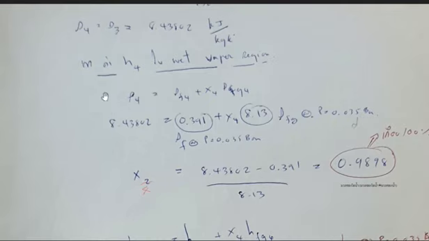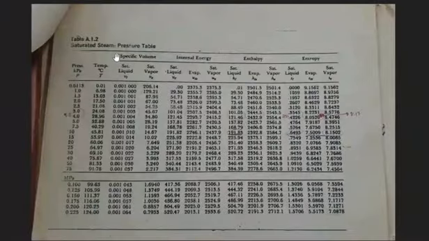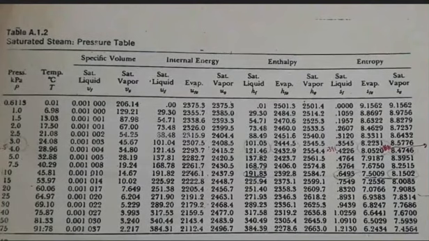We have another table to determine those numbers. We call it saturated steam pressure table. You can see that the pressure 0.035 is equal to 3.5 kilopascal. So at this pressure, we can find the saturated entropy, which is equal to about 3.391, and also we can find the evaporated entropy.